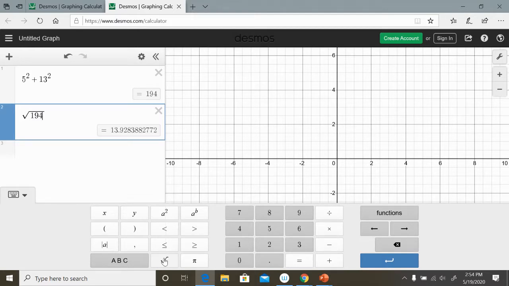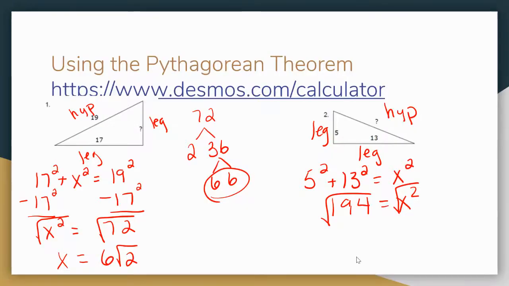I'm going to just round that to the nearest tenth, so it's going to be 13.9. You might remember from Algebra 1 that we always took the plus and the minus version of a square root. Since we're dealing with lengths in geometry, our distances are always going to be positive, so I'm not worried about the negative version, and that's why we're sticking with the positive.